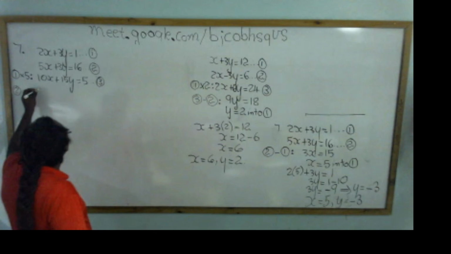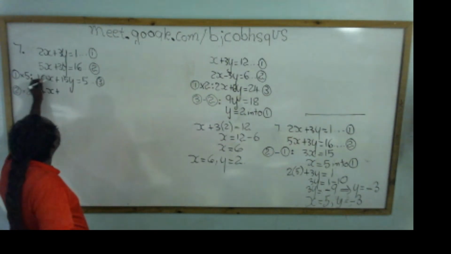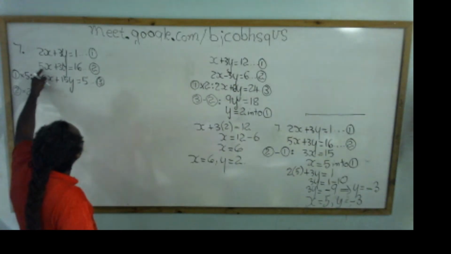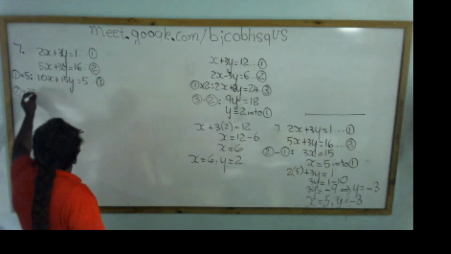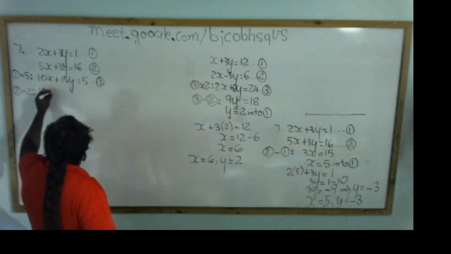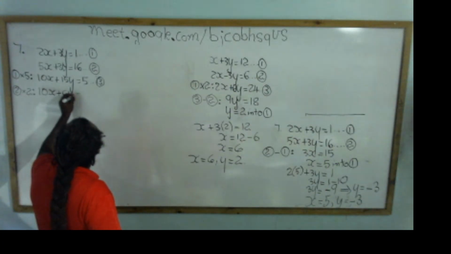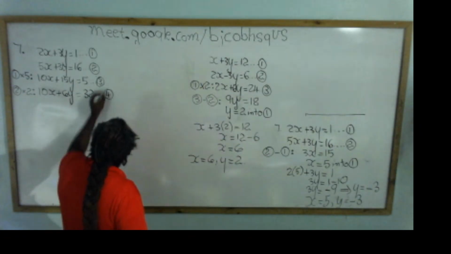Equation 2, multiply that by 2, we get 10x plus 6y times 2, 32. That is equation 4.